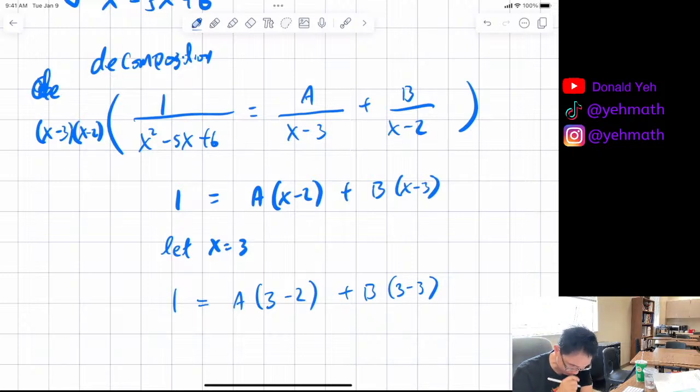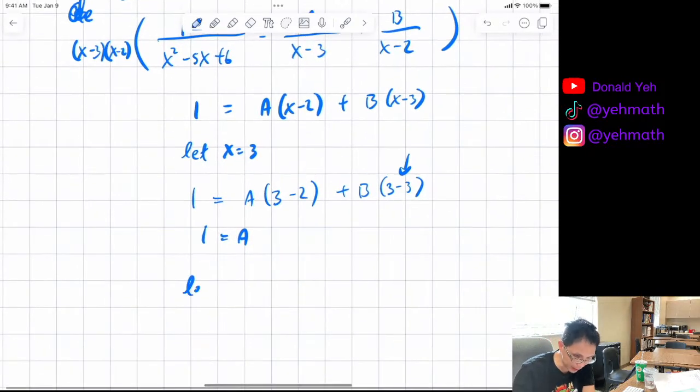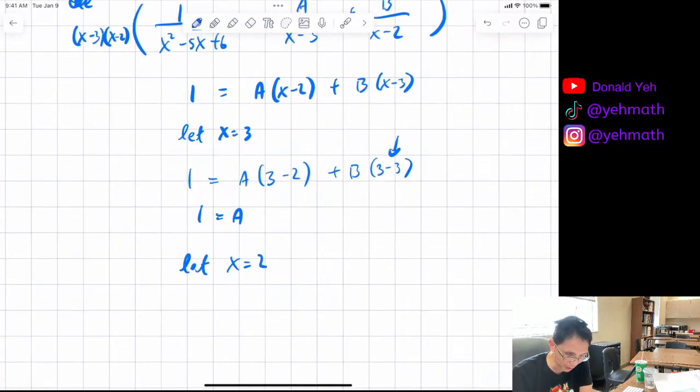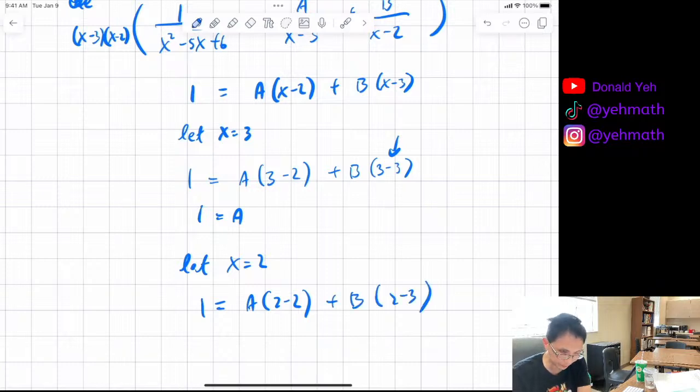Now it's going to be 1 equals a. A is equal to 1. And let x equal 2. What happens when x equals 2? 1 equals a times 2 minus 2 plus b times 2 minus 3. So b is equal to what?